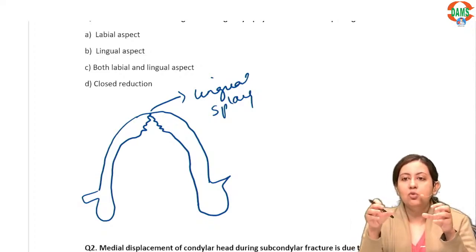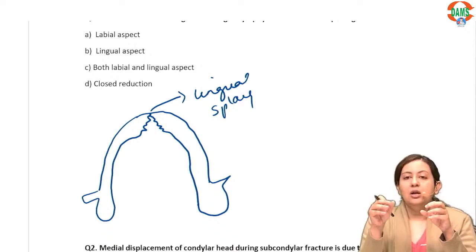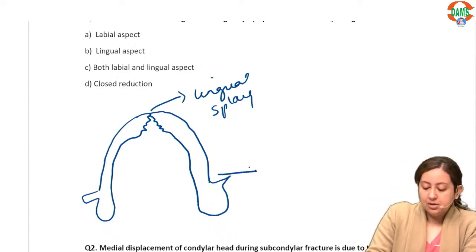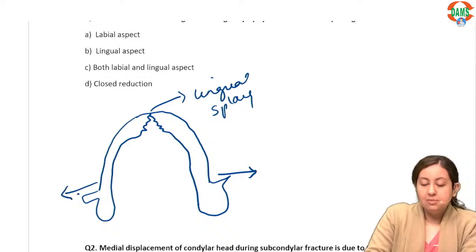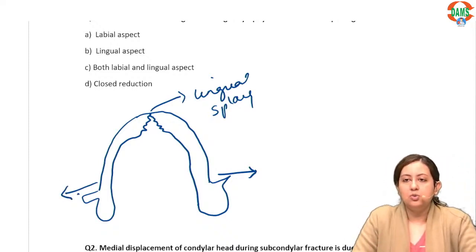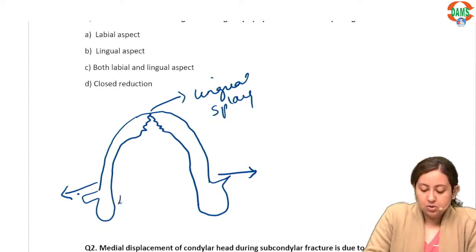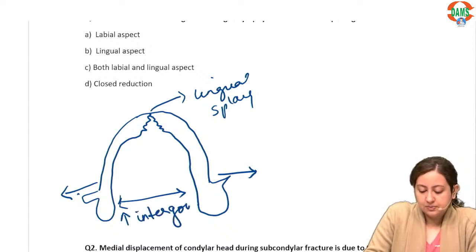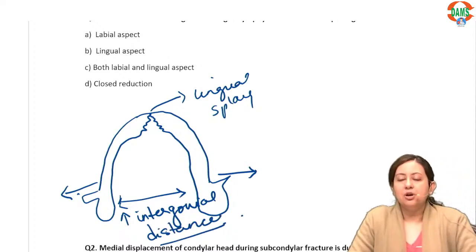They have moved apart. All right. Now, due to this lingual splay, the angle of the mandible or the gonial region of the mandible will be pushed outwards. All right. So, there will be an increase in intergonial distance, also known as bilateral gonial flaring.